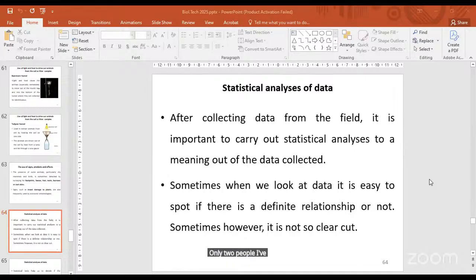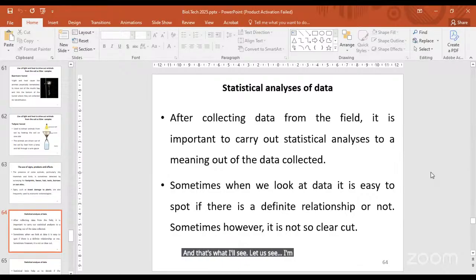Okay, good. So that is the essence of that. In a situation where you have a large number of samples, you have to carry out statistical analysis to be able to draw a conclusion. And there are many statistical tools that you can use. Let us see some of them.